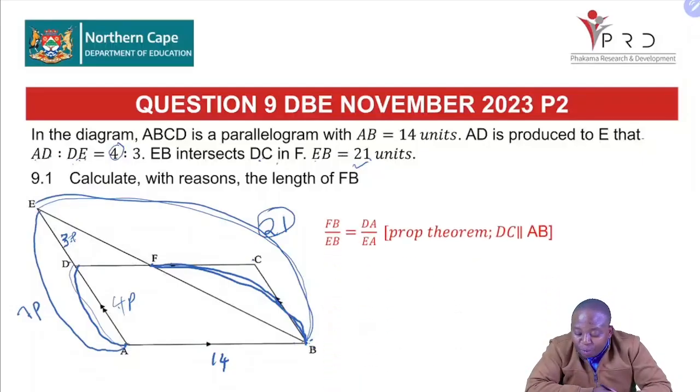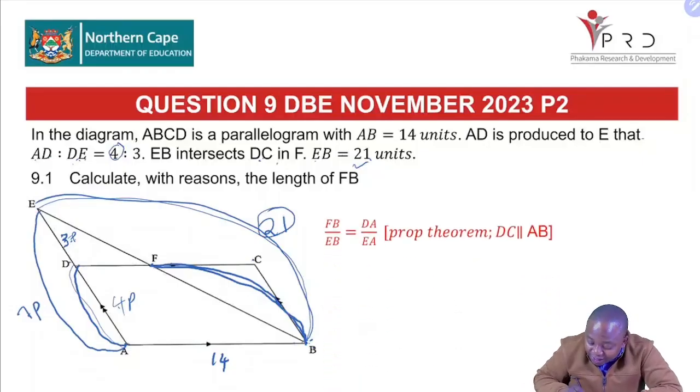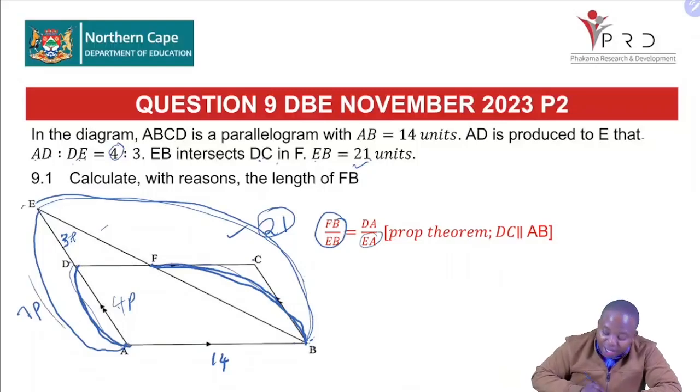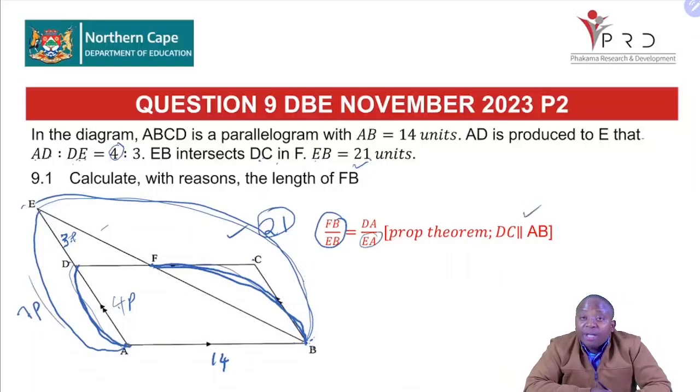So the first thing I'm going to do is say FB all over EB, which is this side, equals DA all over EA, which is the longer side right there. So it is the proportionality theorem, because we know that DC is parallel to AB.